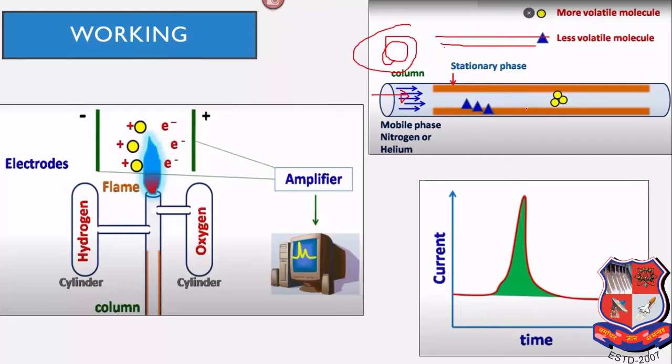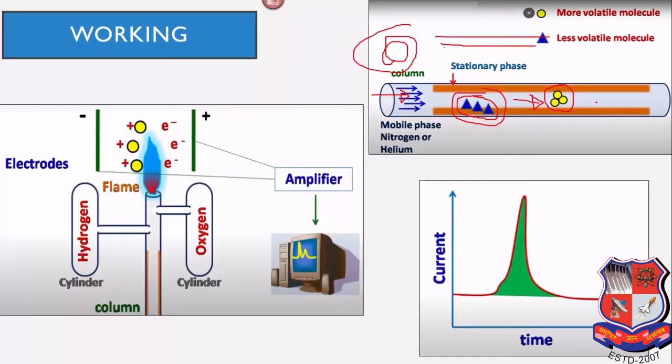The one with low density travels faster compared to the one with higher density, which does not have that much velocity, so it travels slower. This is the volatility. As per volatility and density, it travels in this column. So we are separating by means of this density difference.